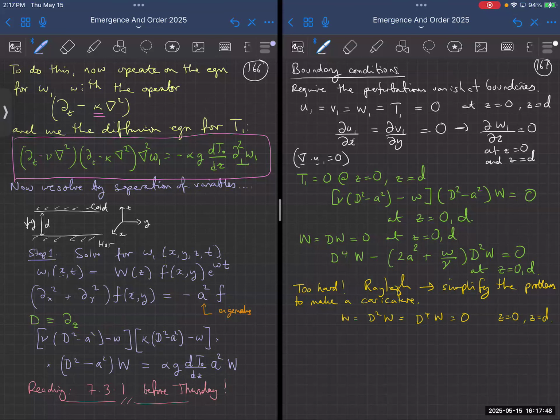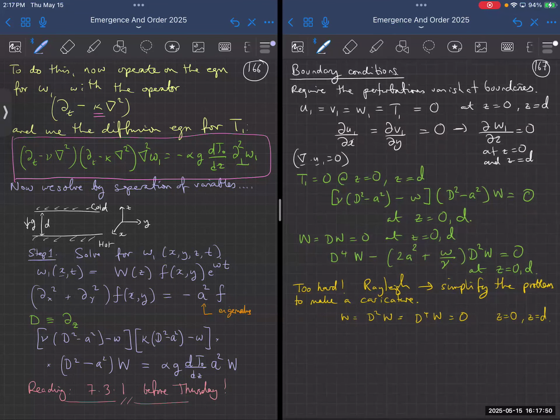So the first thing is you can see it's pretty obvious that W of Z in the Z direction is just going to be sine n pi Z over D for n equal to 1, 2, and so on. So that's going to be the boundary condition that satisfies the behavior in the Z direction.